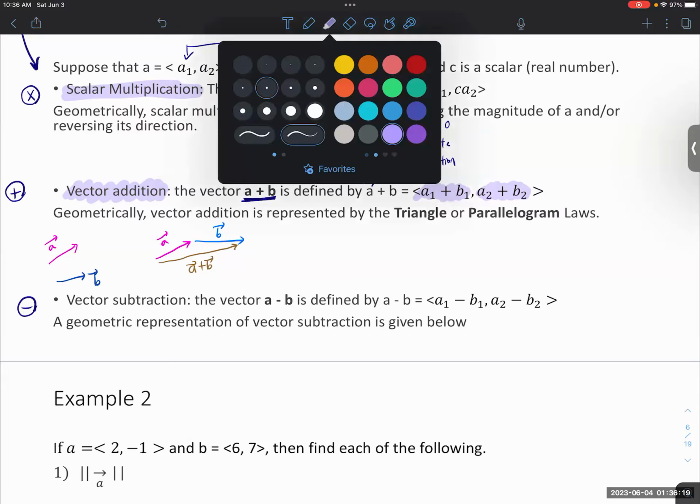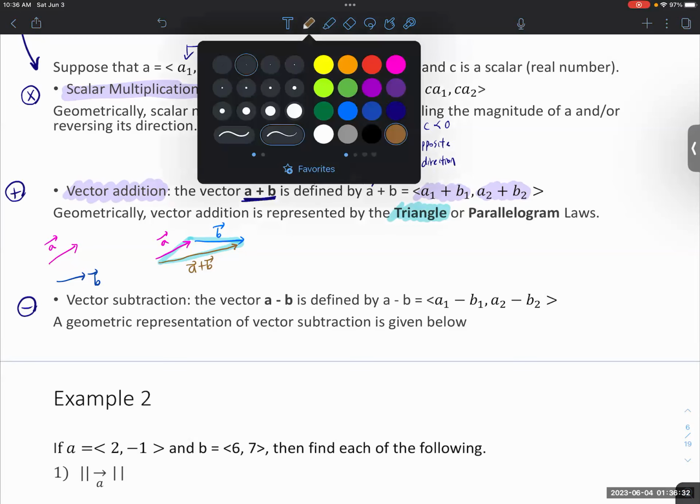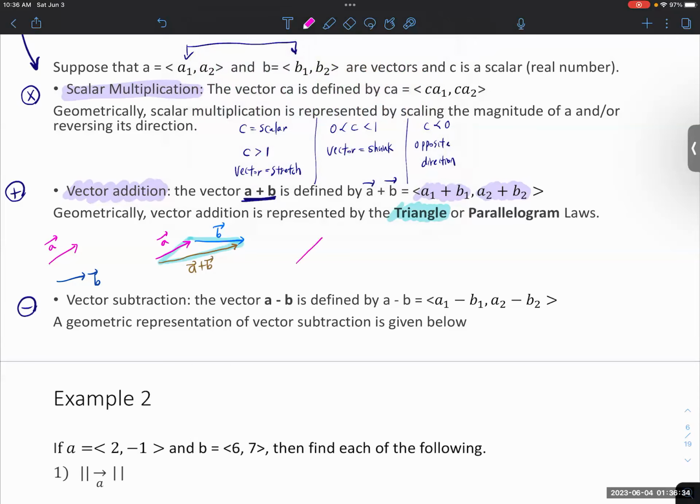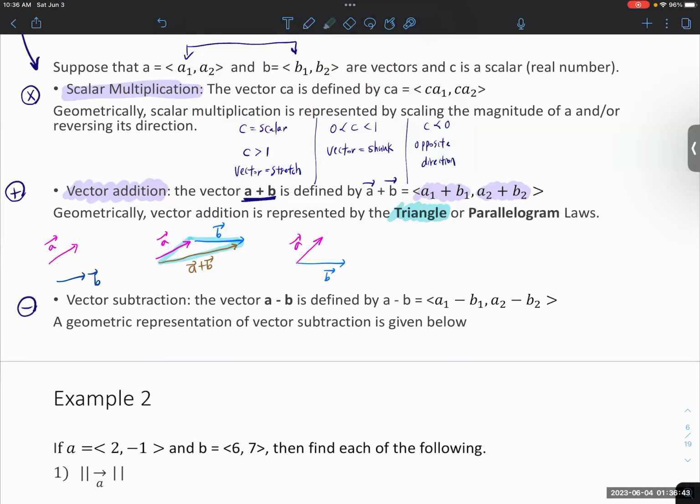What kind of shape do you guys see? This looks like a triangle. So if you're adding two vectors, you will find a triangle shape. Does it make sense? And then another thing you can think about, I have a vector A here. I have a vector B here this time. And then the summation is going to be longer, between here.